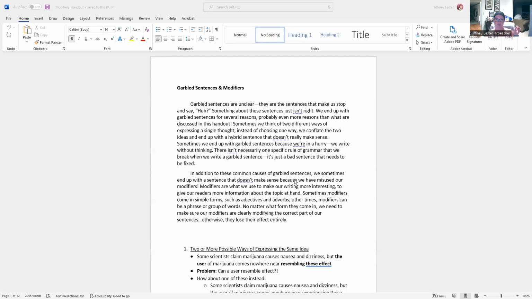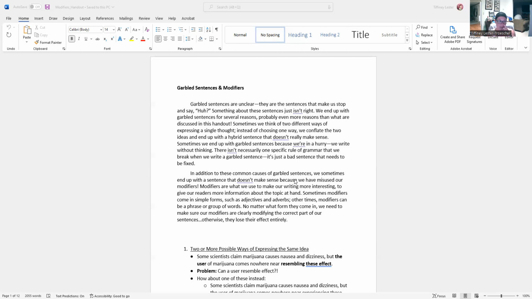It's almost like we took the beginning of our first option and the end of our second option and put them together. But because it was two different ways of expressing that idea, and we've used part of one and part of another, instead of clearly expressing that idea, it becomes confusing.